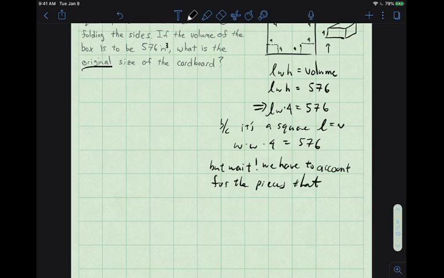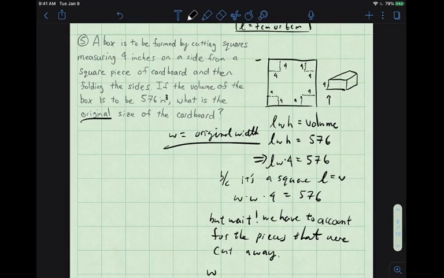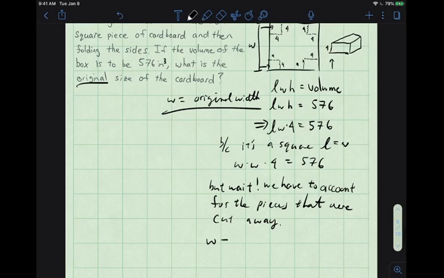So when we account for the pieces that were cut away, because W was the original width, we have to take away, if you notice, if this thing was your width, we have to account for those two things, right? Same thing on this side. If this was W, we have to account for these two things that were chopped off. So that's where the minus 8 comes from.